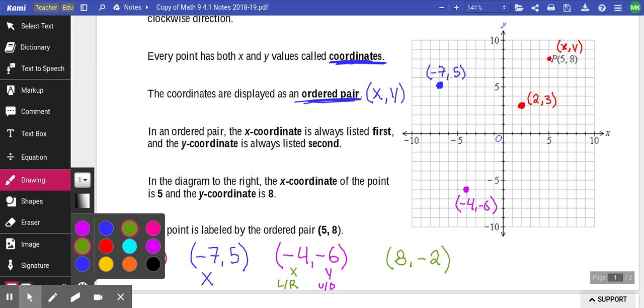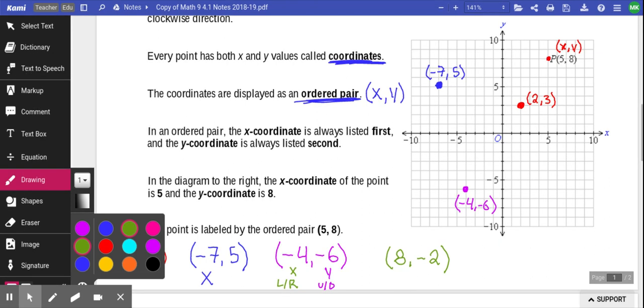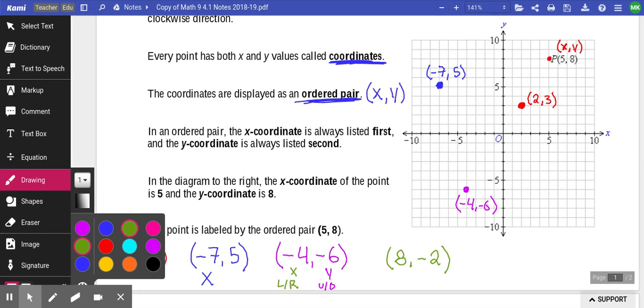If I want to do my next value, -2, it should be easy to go back from 8 and go down 2, 1, 2. So you're right there. Either way, you should have found yourself at that point.